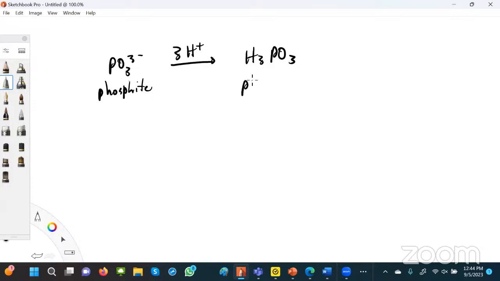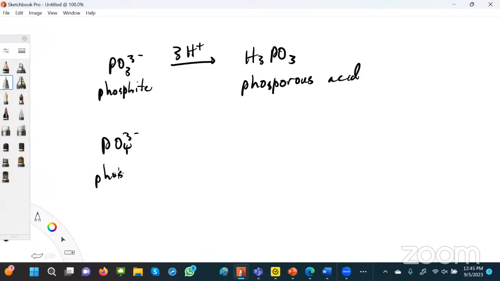Phosphorous acid. Remember, we changed the ITE to OUS acid. Phosphorous acid. All right. And then this here, PO4 3-, is called the phosphate ion.